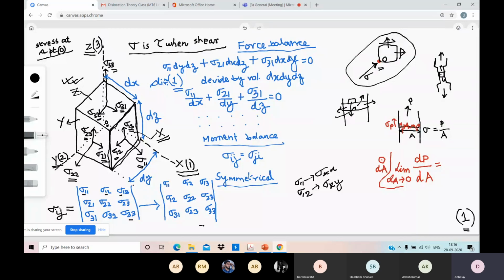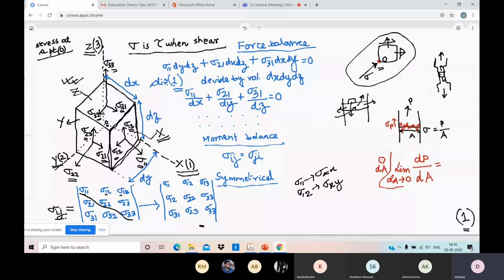So there are 9 components of stress in a body. Out of them, there are 3 normal components. The diagonals are basically the normal components, and the other terms are the shear components.